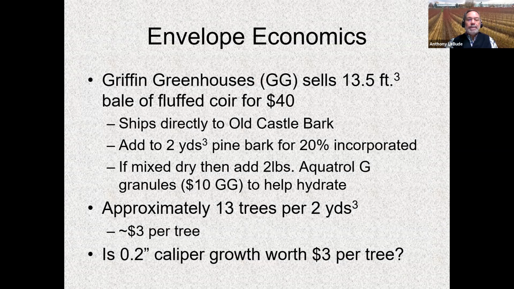If it's mixed dry, then add some Aquatrol, which is about $10 to the 2 cubic yards. So for 13 trees, for those 30-gallon containers we used, for 2 cubic yards, it's about $3 per tree. So is 1/4 of an inch of caliper worth $3 per tree?